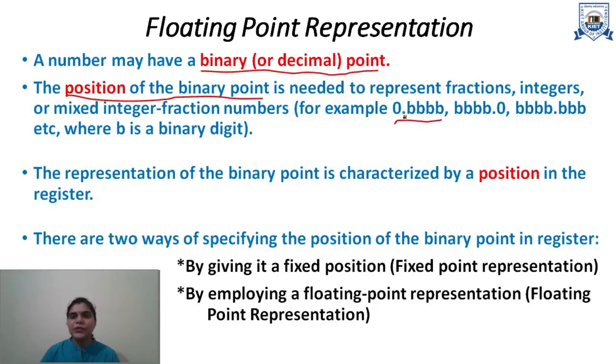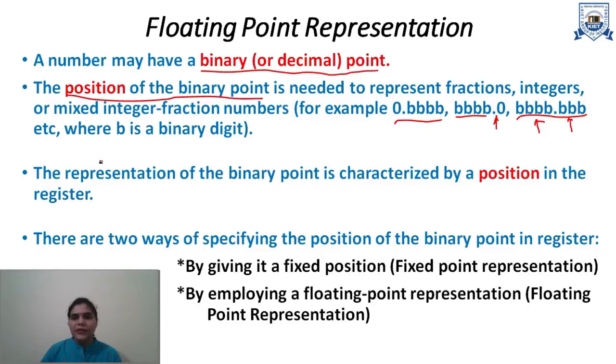Here the position of the binary point is at the right, so you can say that the number is an integer number. And this example denotes that the number has an integer part and a fractional part.